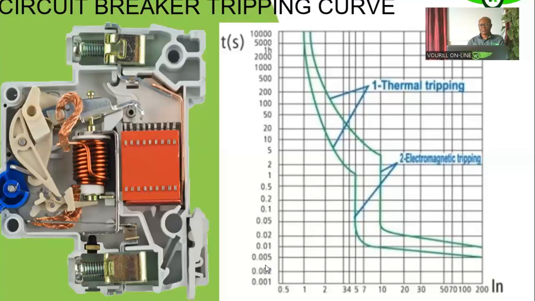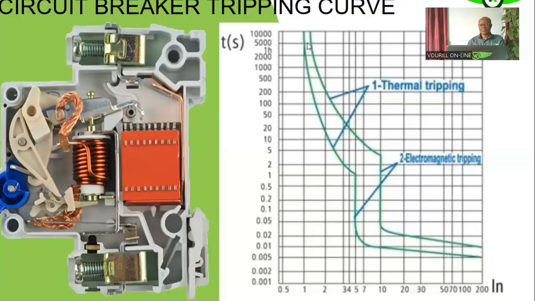It is logarithmic because we want to actually accommodate more time on the vertical axis. So if you look at it, you see that it's starting from 1 millisecond, 0.01 second, to about 10,000 seconds. Okay, so that is what we have on the vertical scale. So this is a time current graph now.